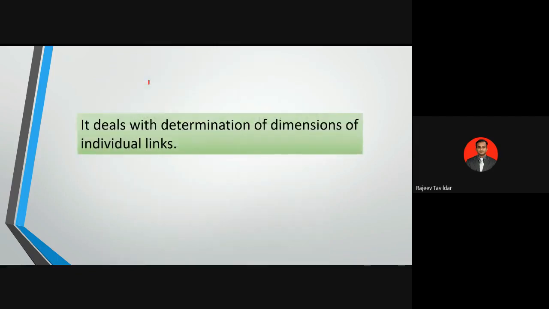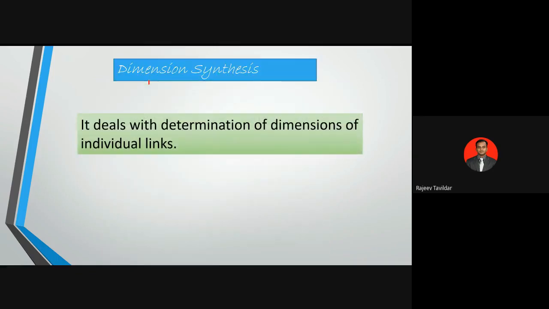Coming to our major point, that is dimension synthesis. It deals with the determination of dimensions of individual links. So we are only focusing on this last part. For a given performance, they will be mentioning what type of or how many number of links you are supposed to take, whether you are supposed to go for a 4-bar crank rocker or a 4-bar slider crank mechanism.